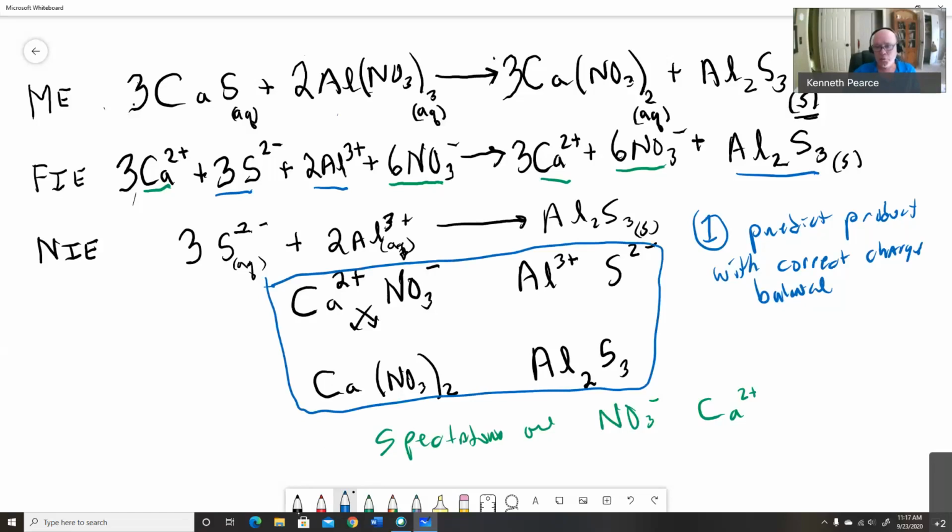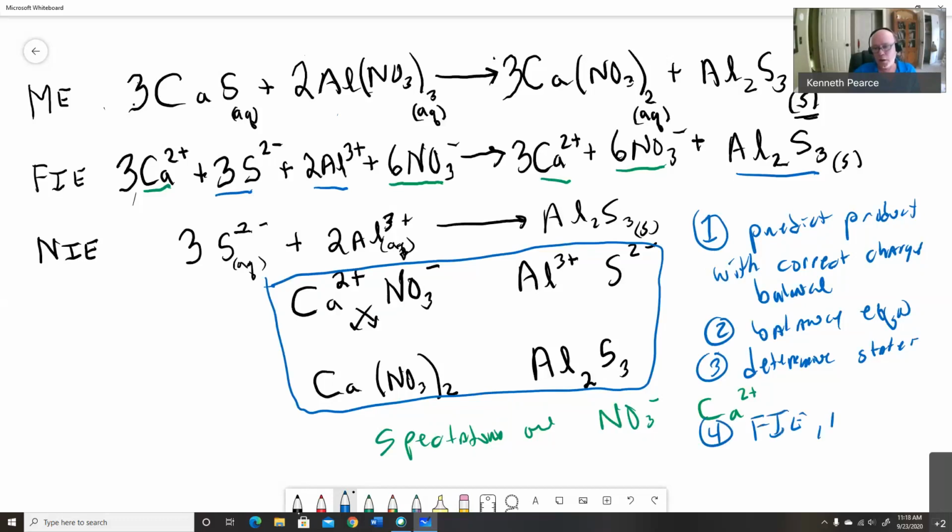And number 2, you have to be able to balance the equation. There's a lot to this. And 3, you have to be able to determine the states. In other words, solid, liquid, or gas. And then you have to be able to do full ionic equation, net ionic, and find the spectators.